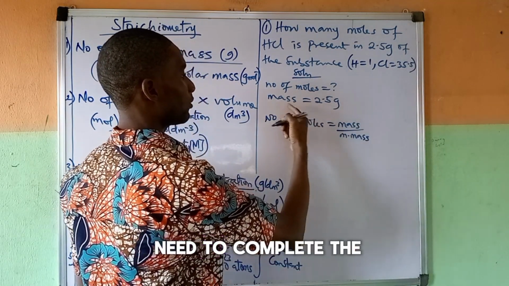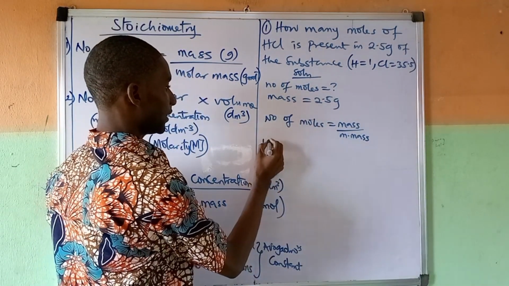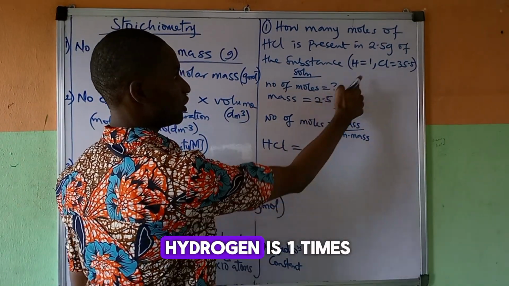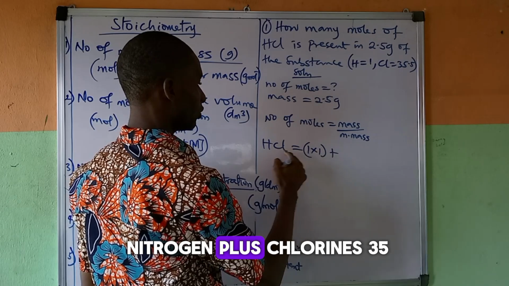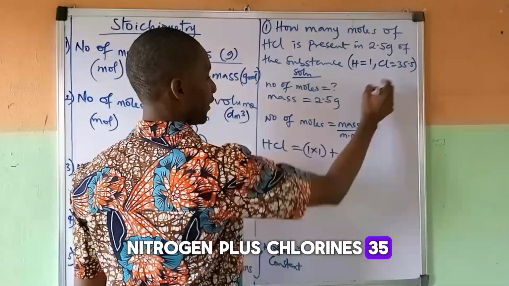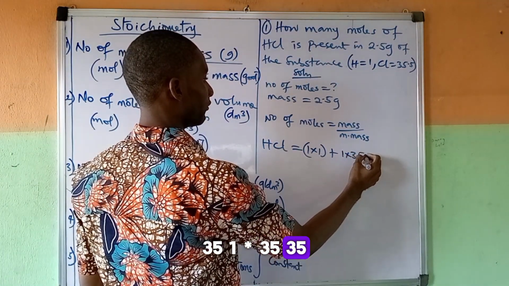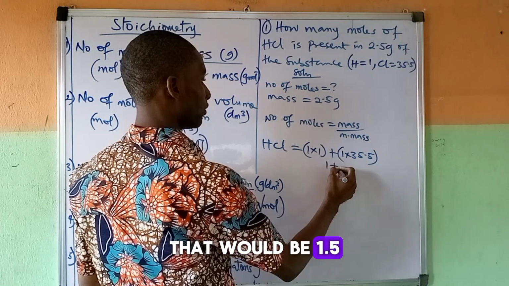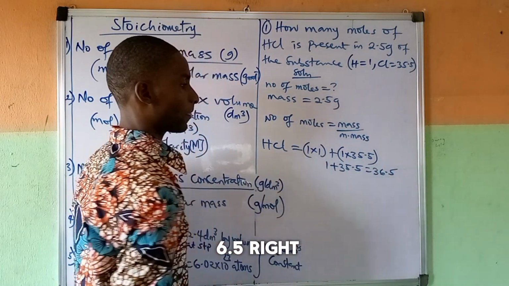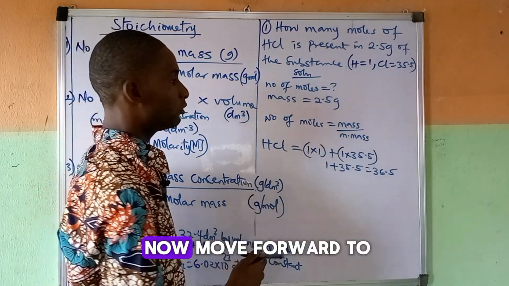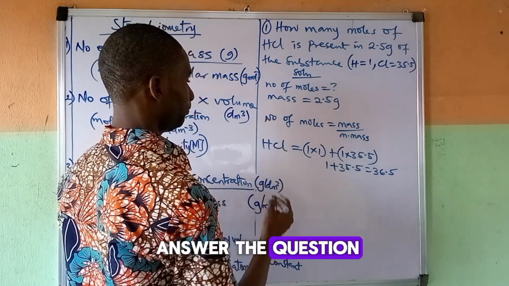So that means you need to calculate the molar mass of HCl, and that will be hydrogen is 1 times, there is only 1 hydrogen here, plus chlorine is 35.5, 1 times 35.5. So that will be 1 plus 35.5, that will be 36.5. Alright? And so you can now move forward to answer the question.